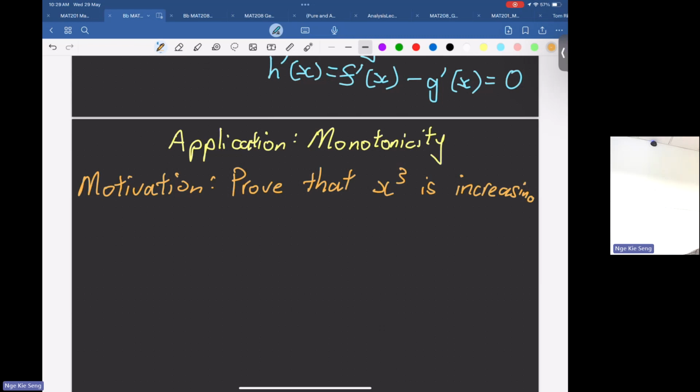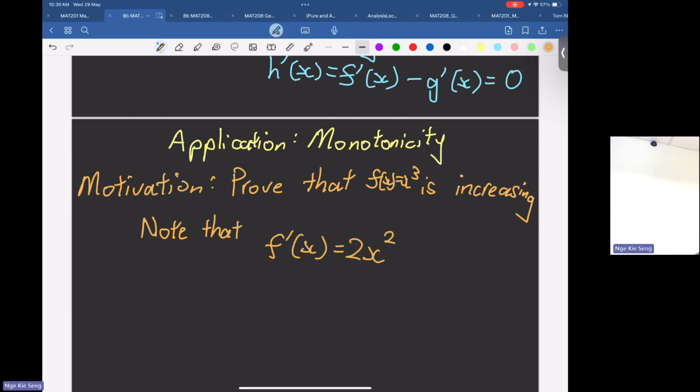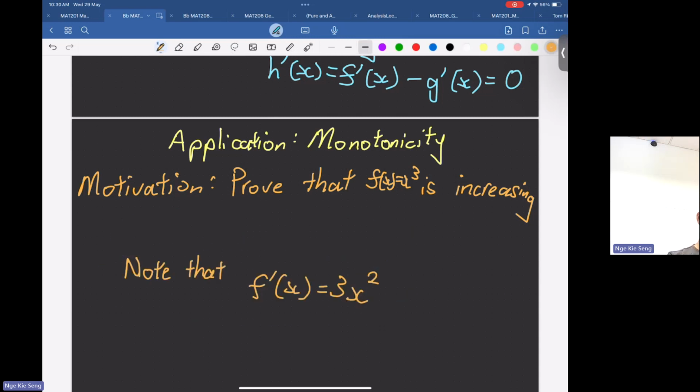Okay, let's prove this. So how to prove? So you do the first derivative. The first derivative f prime x equals 3x squared. And then, so it's increasing where? It's not increasing on the whole real line, right?